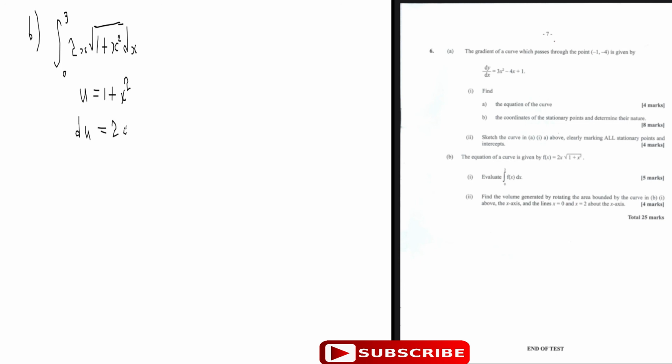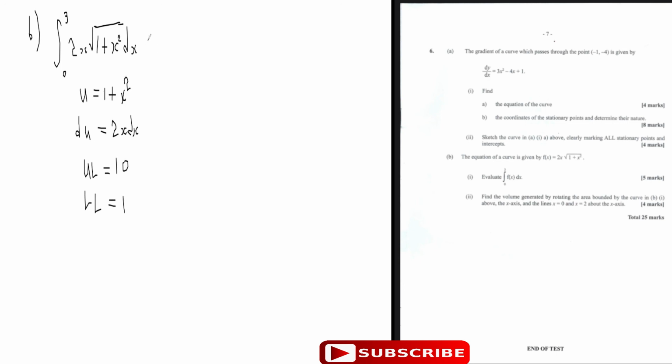And so then you're going to change the limits. When x is 3, 3 squared is 9 plus 1 is 10. So the upper limit becomes 10. And the lower limit, put in x as 0, and then 0 plus 1 is 1.